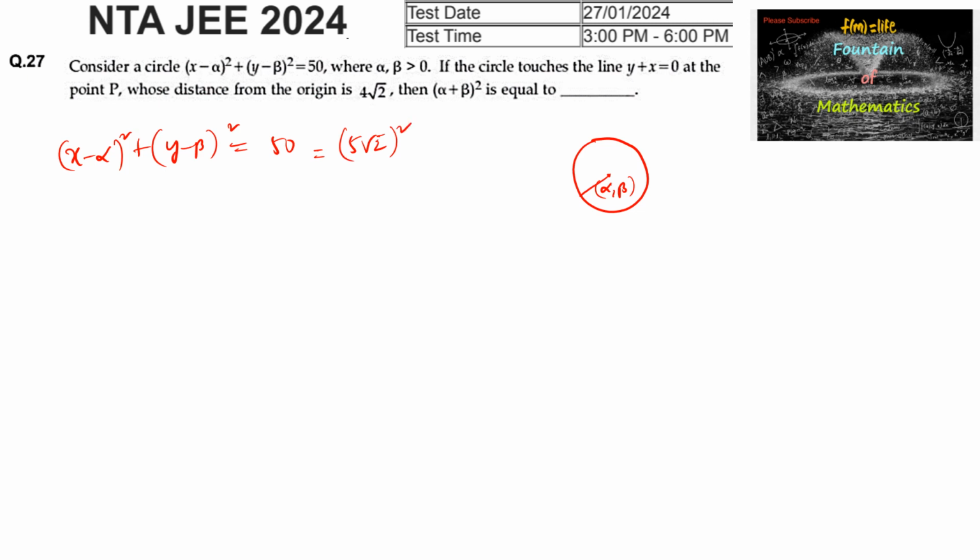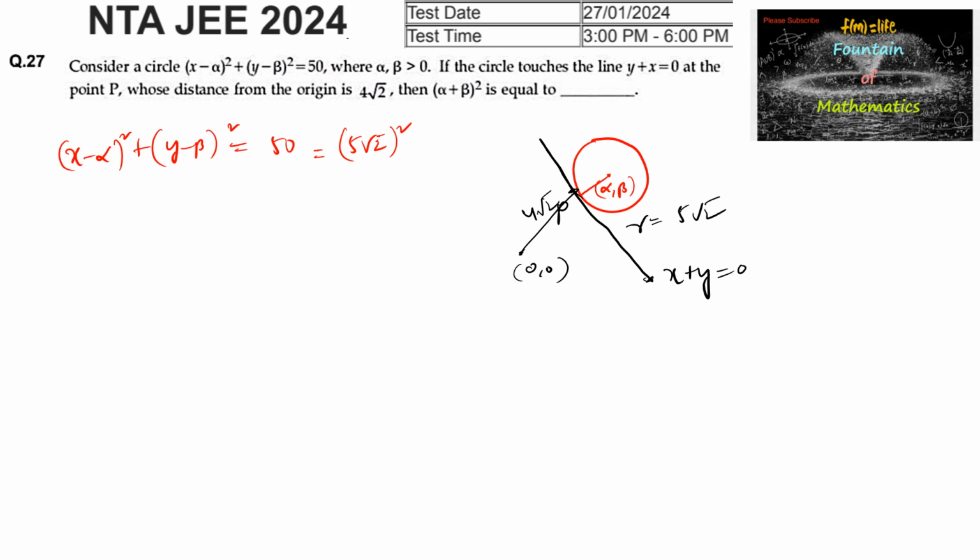So the radius can be taken as 5 root 2. It is given that the circle touches the line x + y = 0 at the point P, whose distance from the origin is 4 root 2. Then what is the value of (alpha + beta)^2?